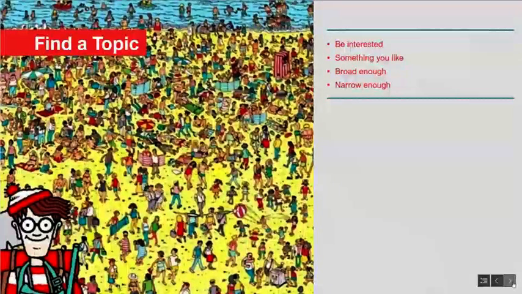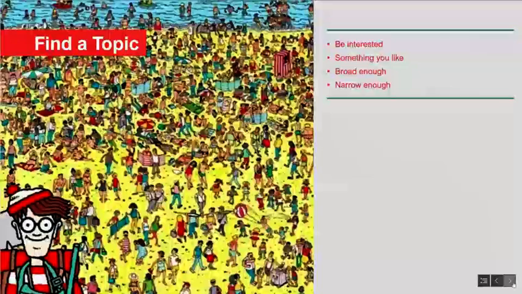Narrow enough would be talking about the ant's antenna and how they're used. Too narrow would be talking about the ant's front left leg, and way too broad would be talking about the front left leg of all insects. So think about your topics like that.